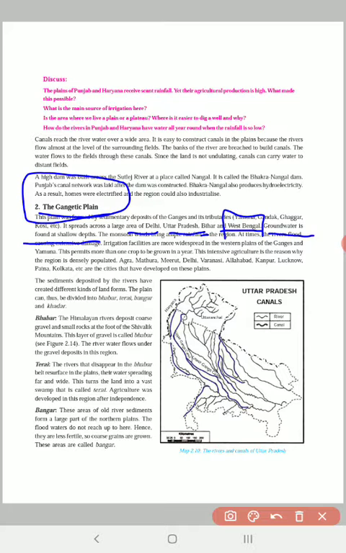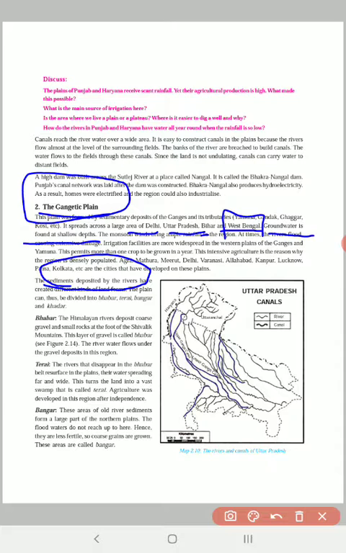We also see that this river, one of the largest rivers in India, deposits sediments in different areas as it goes. Based on the sediments deposited by this river, we find four different kinds of land.